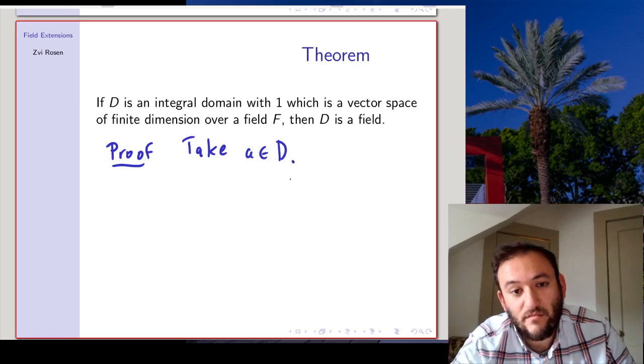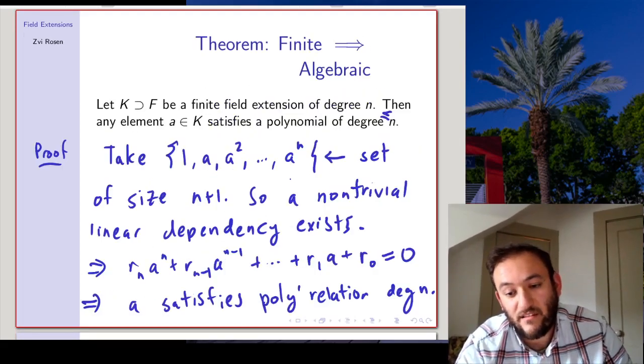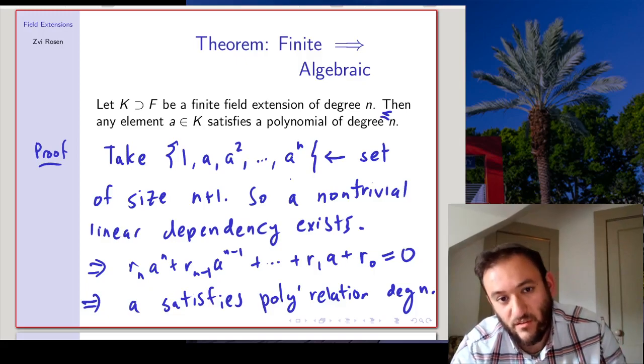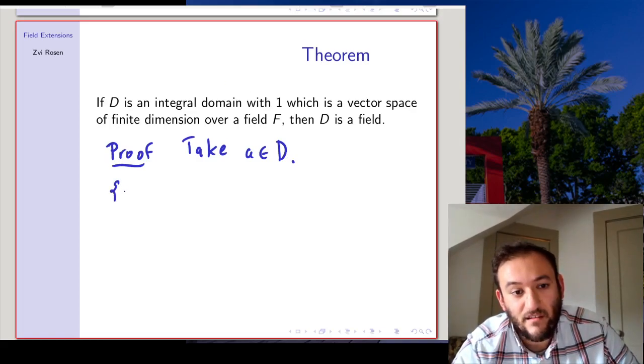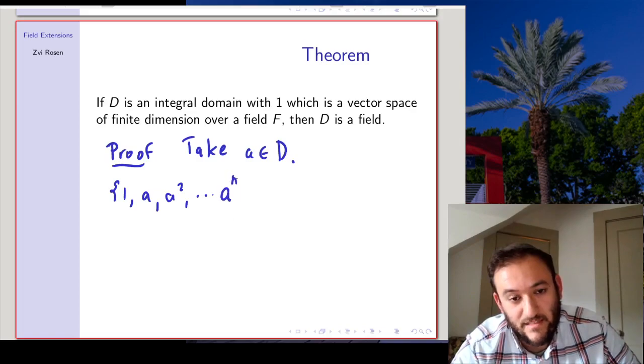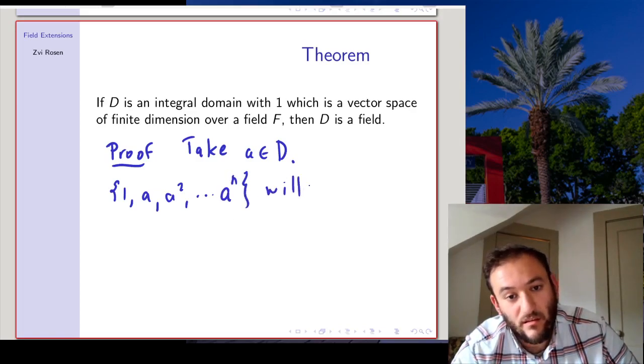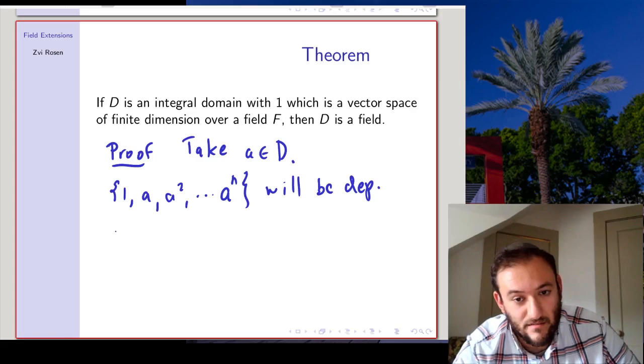So from the same argument as in the last thing we looked at, though it was a different theorem, we know that the set 1, a, a squared, etc., a to the n will be dependent. Okay, so there's a polynomial relationship among these powers of a. P of a equals 0.